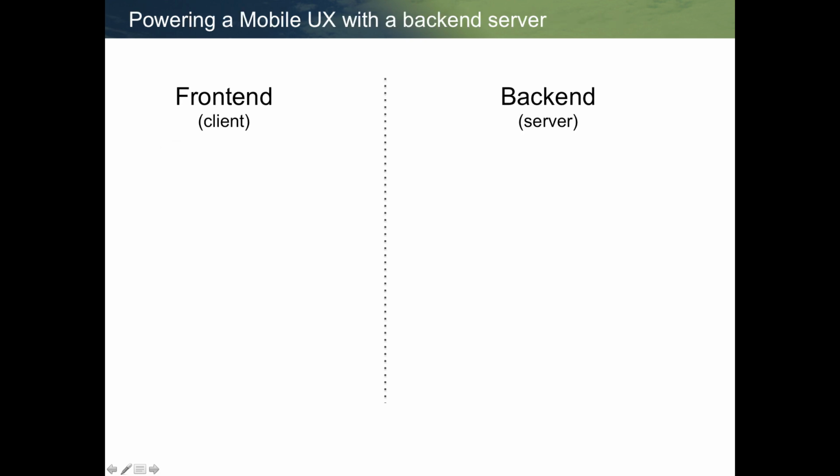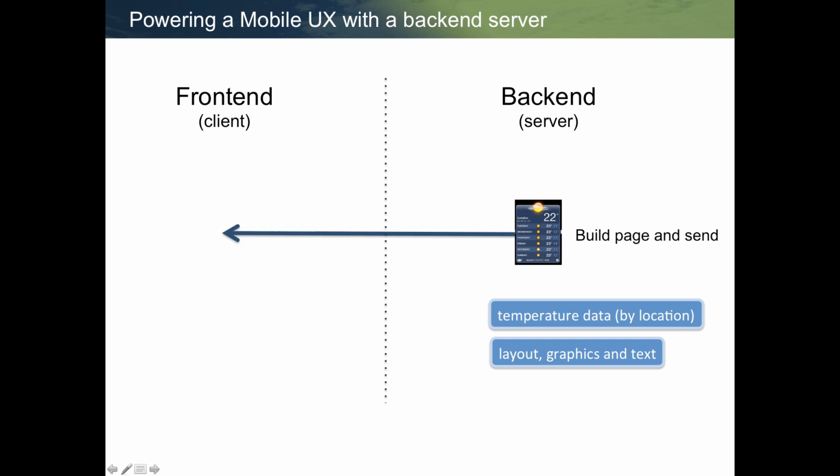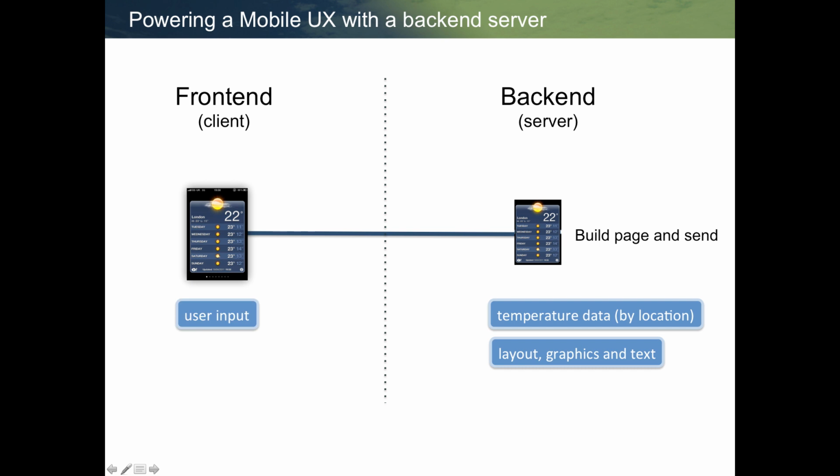So if we took the backend server and we've got temperature data by location and layouts and graphics, and we build a page like you build a web page, and then we take the front end, we pass that view out to the front end client, which is a mobile device, and then on the mobile front end, the user inputs the location they're looking for.